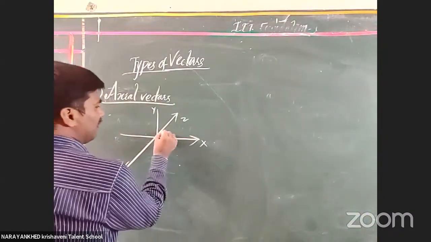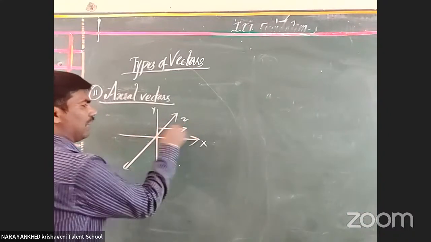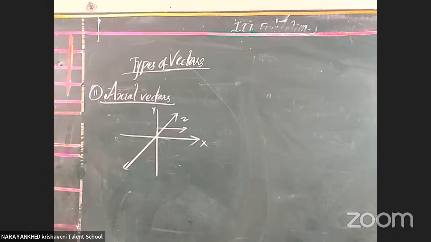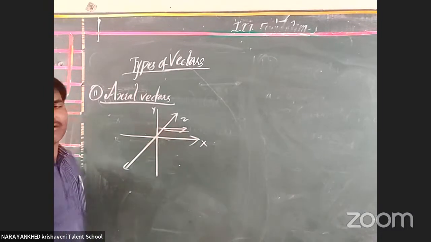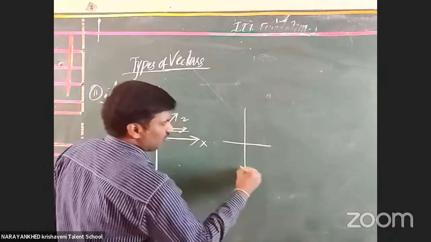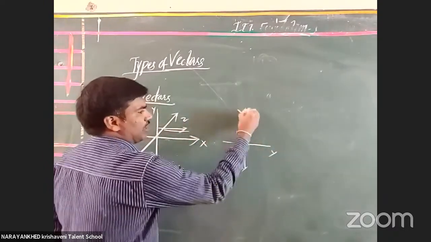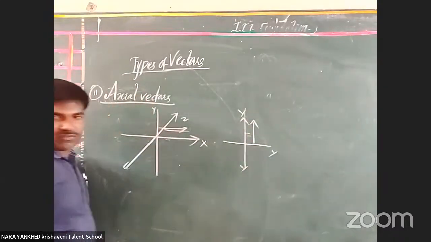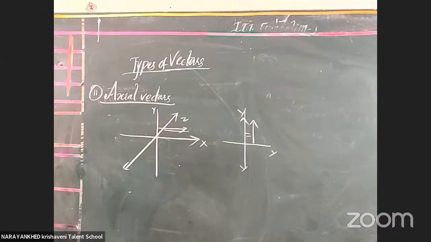Any vector that is parallel to any of our coordinate axes, the x-axis, is called an axial vector. Suppose there are only the x and y axes. If the vector is parallel to the y-axis, it will not make an angle with the axis.